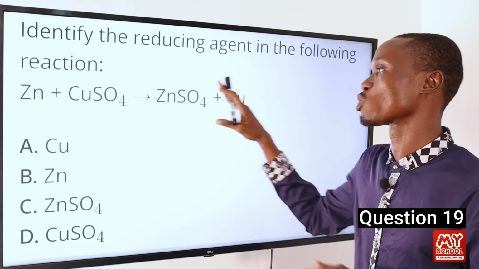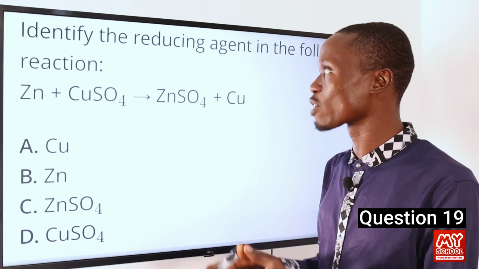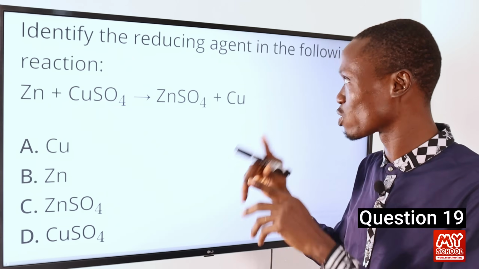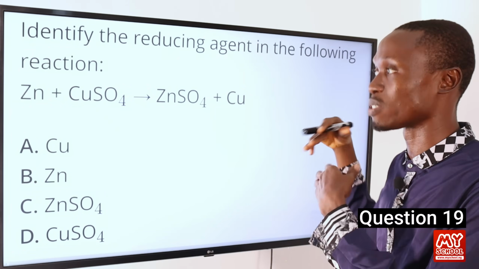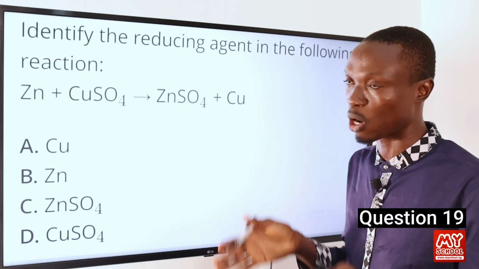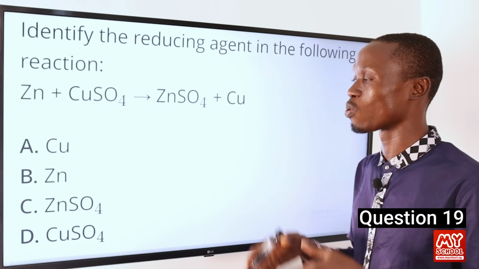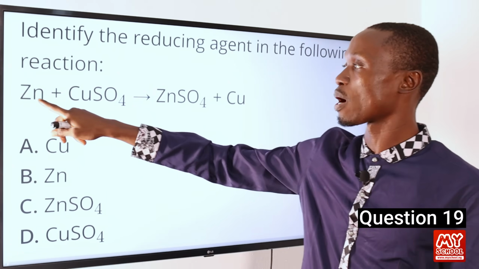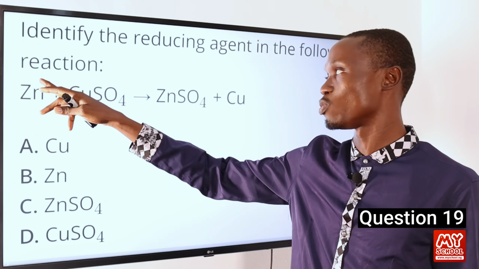So we are going to answer this question based on oxidation number. When you look at zinc here, the oxidation number of zinc is 0, because it's a neutral element.